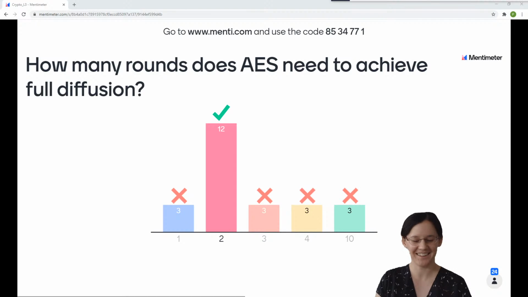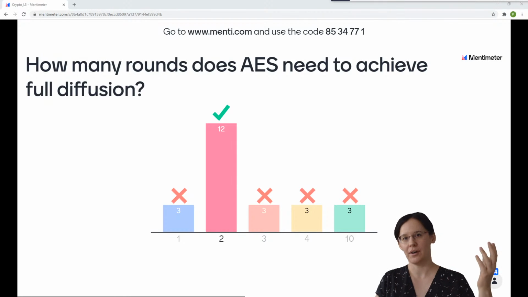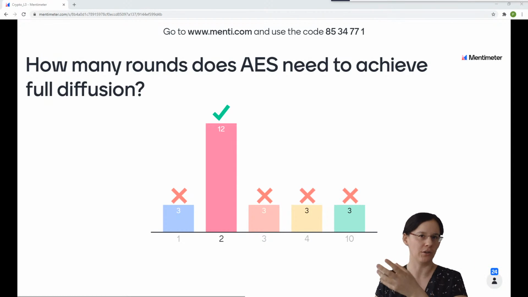Okay, very nice collision on the number of correct answers for all the wrong answers, which all got 3 answers. And the correct answer got exactly as many votes as all the other ones combined. So yes, 2 is the correct answer here. After 1 round, if you change 1 bit or 1 byte of the input, it influences only the bits of 4 of the output bytes due to mix columns.